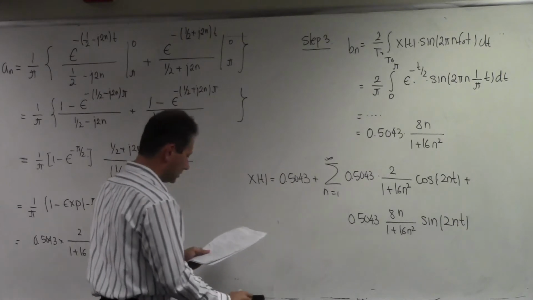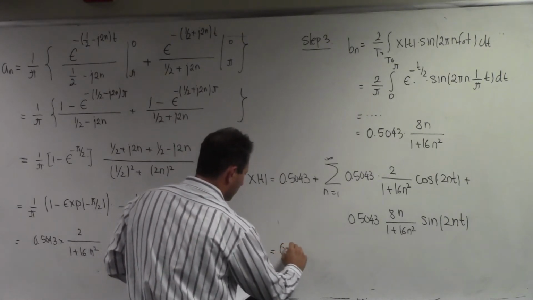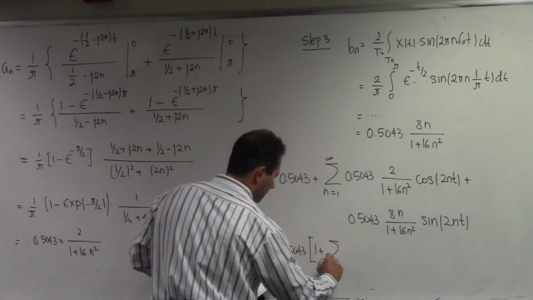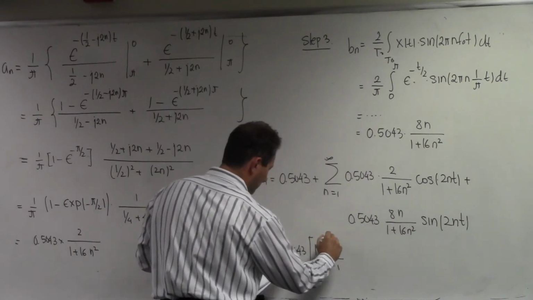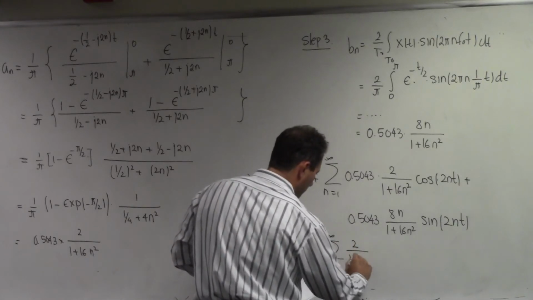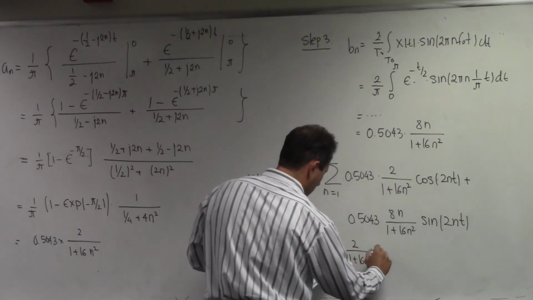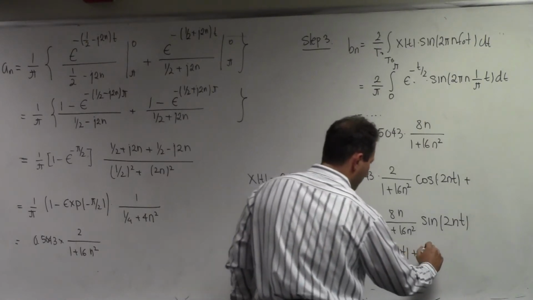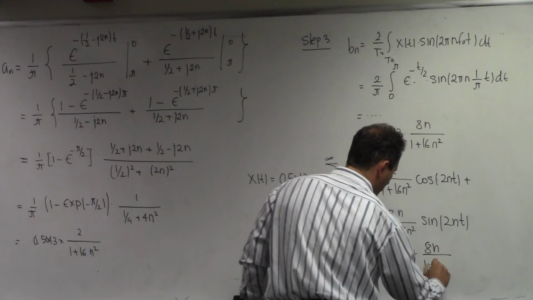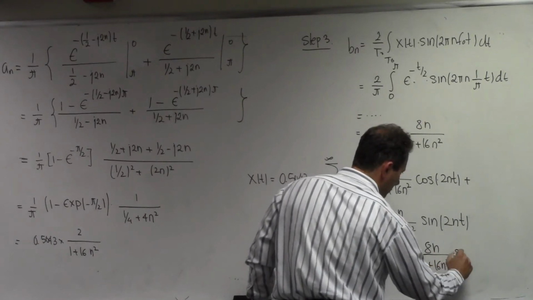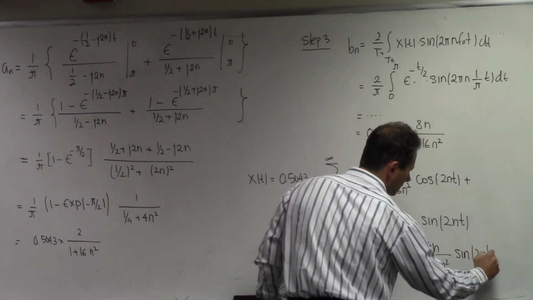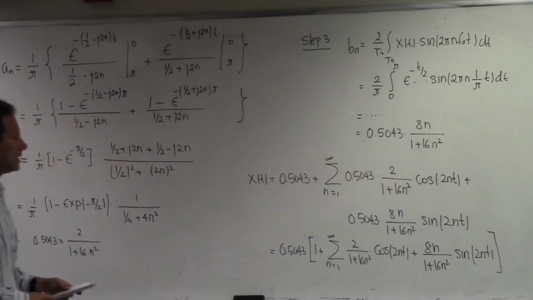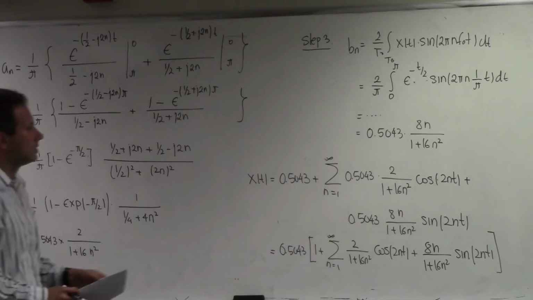Or even more simplified, this is 0.5043 times 1 plus sum, when n goes from 1 to infinity, 2 over 1 plus 16n squared, cosine 2nt, plus 8n over 1 plus 16n squared, sine 2nt. And that's how you complete this. So that's the Fourier series associated with this waveform.